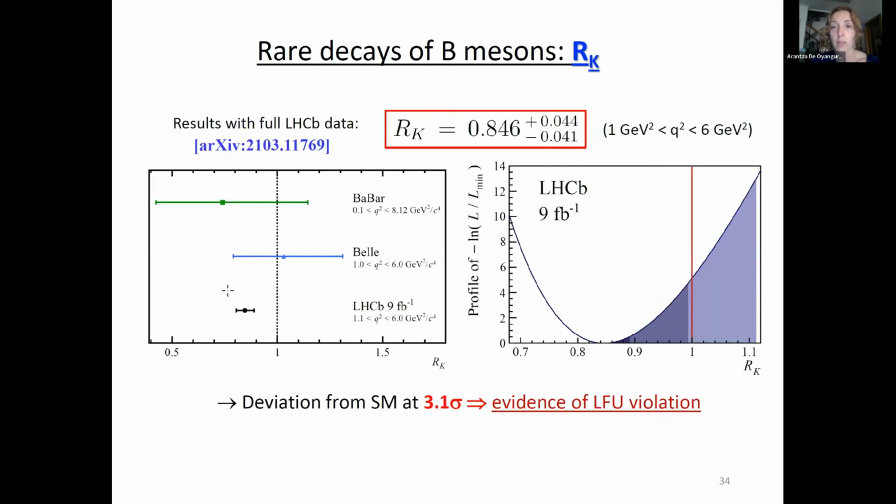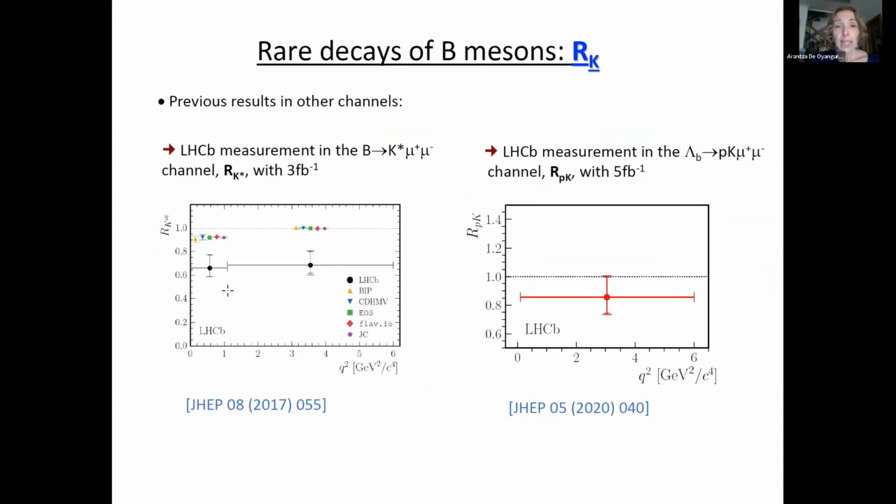We have also tested not only the B to K mu mu channel, but also the B to K* mu mu channel, so a different hadronic final state. This is the result with 3 inverse femtobarn, these are the standard model predictions, and these are the results from LHCb now in different bins of q-square.